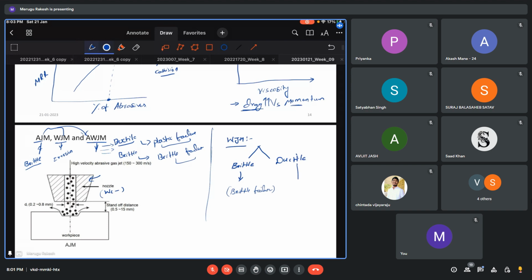Whereas in ductile materials, initially we have a fluffing effect, then followed by small micro cutting, then plastic failure. So these materials will not yield easily, whereas brittle materials yield easily. So there is an easy removal rate.